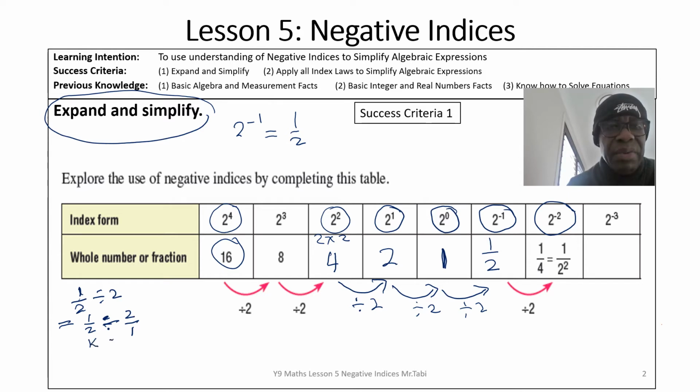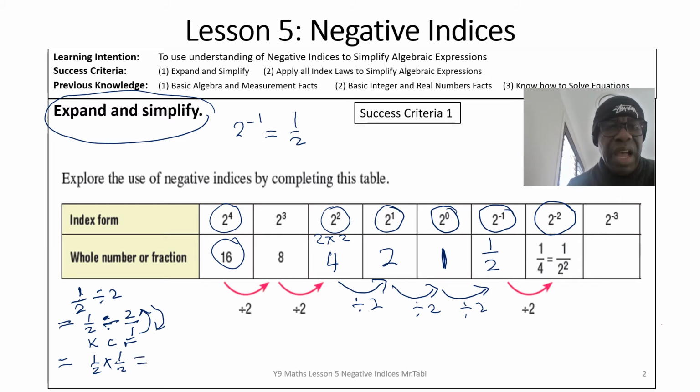Remember, keep, change, and flip. So this is equal to half multiplied by, the division becomes multiply, and the 2 over 1 becomes half because we turn it upside down. That goes up, that comes down.